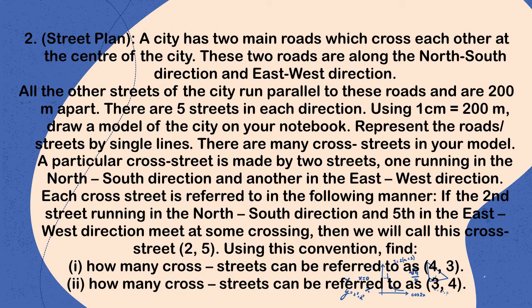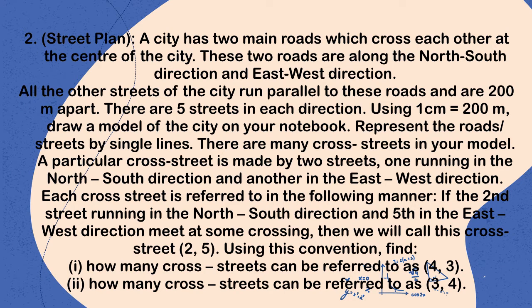Then on the y-axis, the north-south direction, I will see the third point, because the street to be found is (4, 3). Now where these two lines meet is this one. This is the intersection point, and only one such point is possible on this diagram.